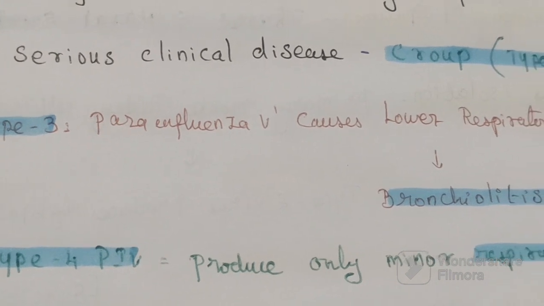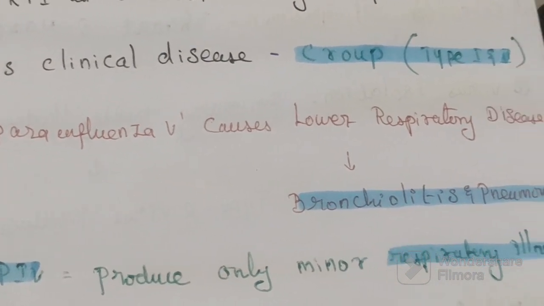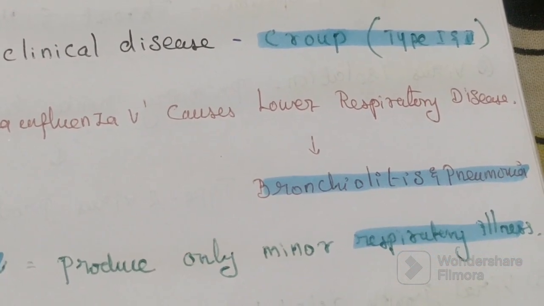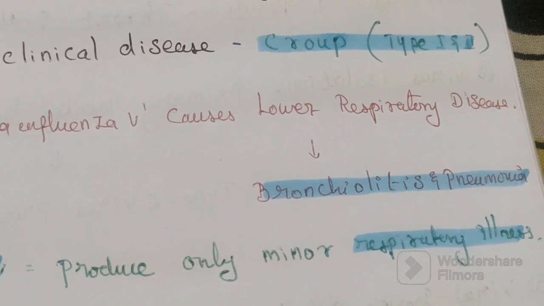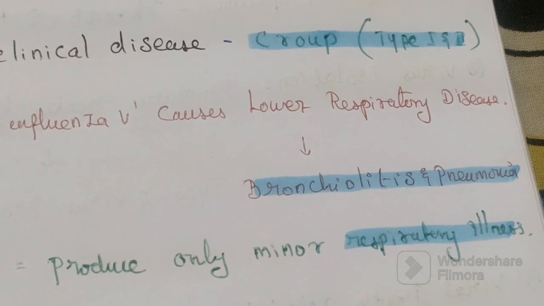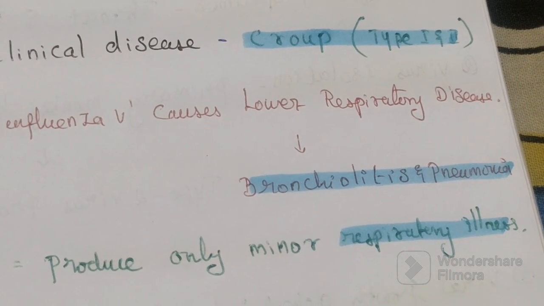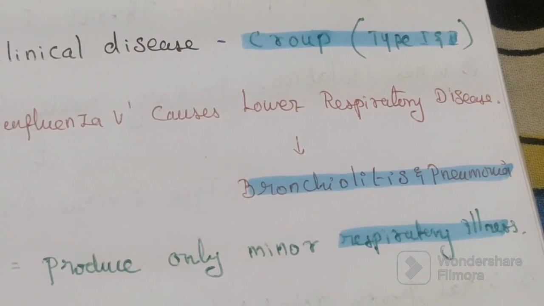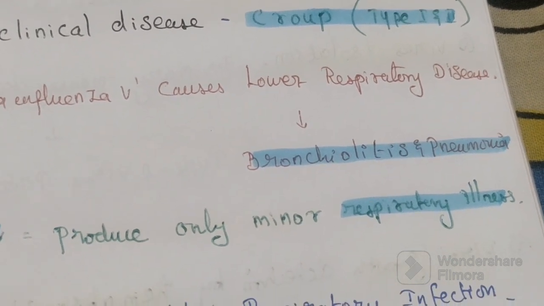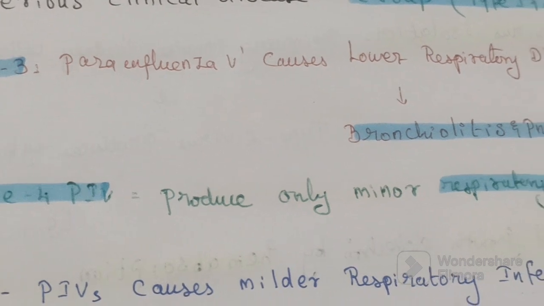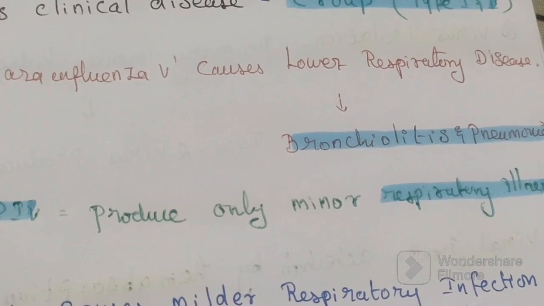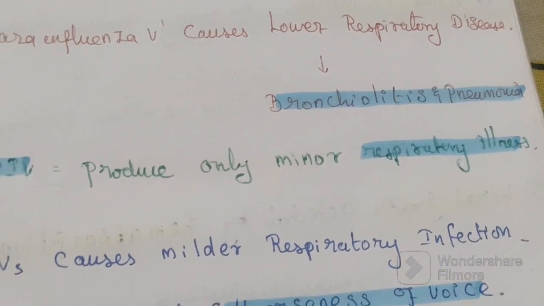Type 3 parainfluenza virus causes lower respiratory tract disease like bronchiolitis and pneumonia, inflammation of bronchioles and pneumonia. Then type 4 parainfluenza virus produces only minor respiratory illness.